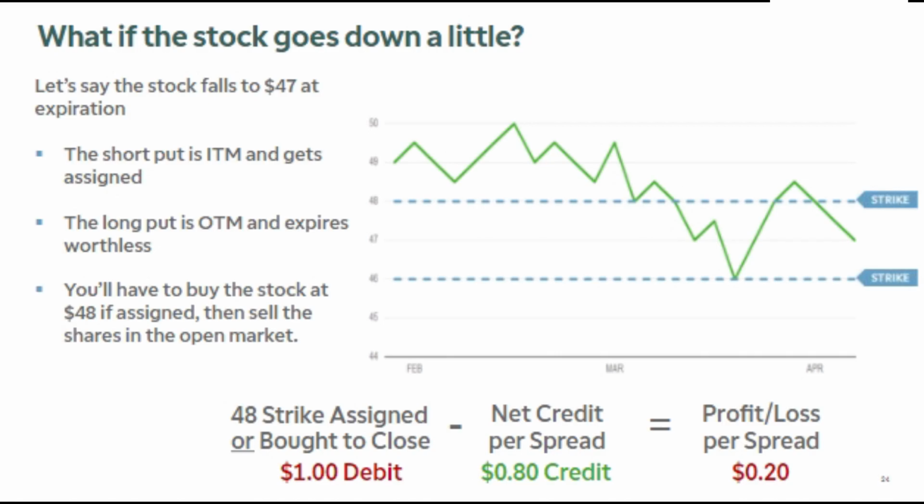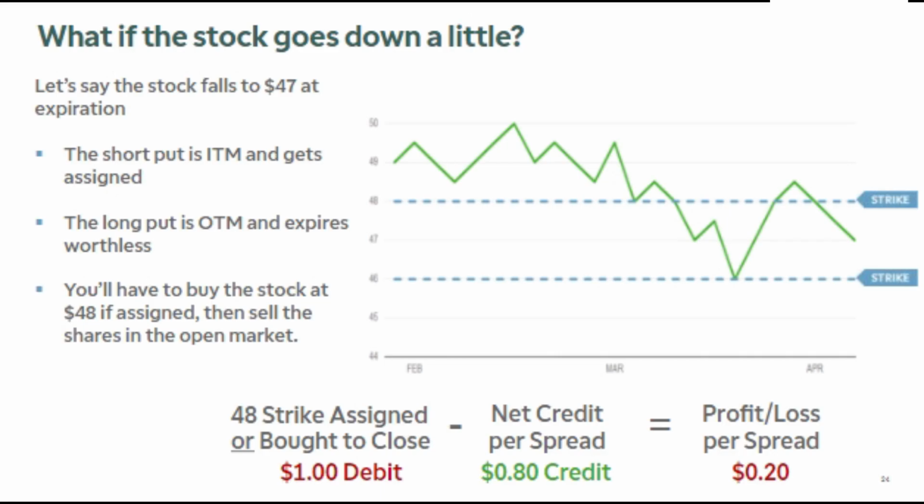Intrinsic, obviously, is just going to be the difference between the strike and the stock. That's $1. So we can choose to buy that back to not have that weekend risk. Either way, we're assuming $1 debit. We received 80 cents for selling it, so our total loss on this trade would be 20 cents if we get out at a $1 debit.